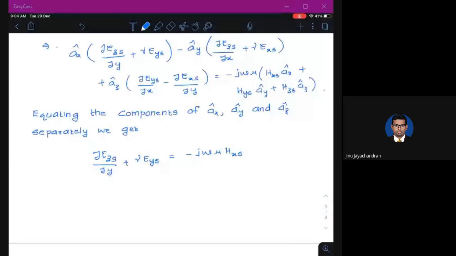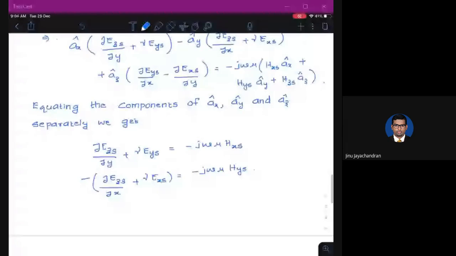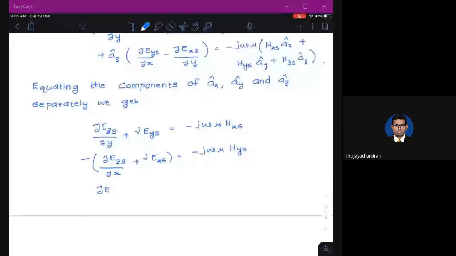Similarly, minus of dou EZS by dou X plus gamma EXS is equal to minus j omega mu HYS, and at the last, dou EYS by dou X minus dou EXS by dou Y is equal to minus j omega mu HZS.